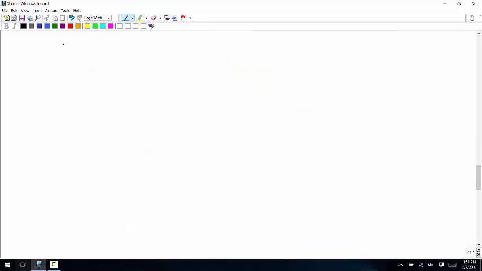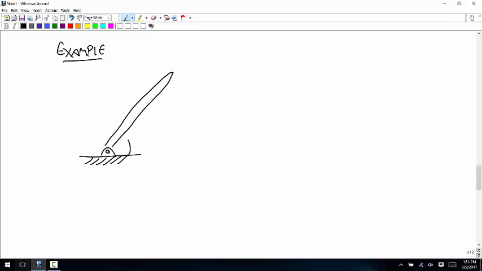Okay, let's do one more. So let's say that we have a pin joint connected to the ground. And it makes a 60-degree angle with the ground. And up at the top, it's leaning against a wall where this angle is 80 degrees.